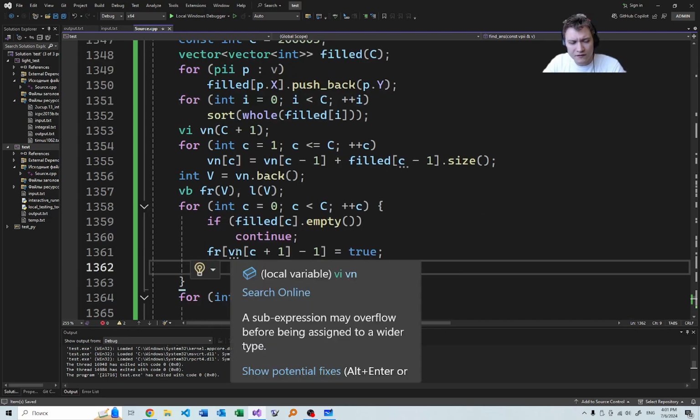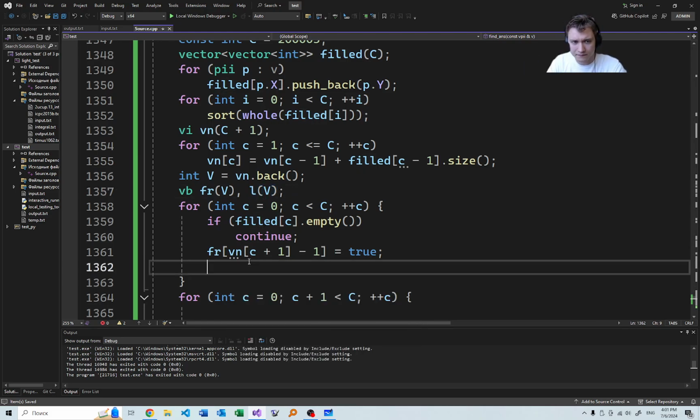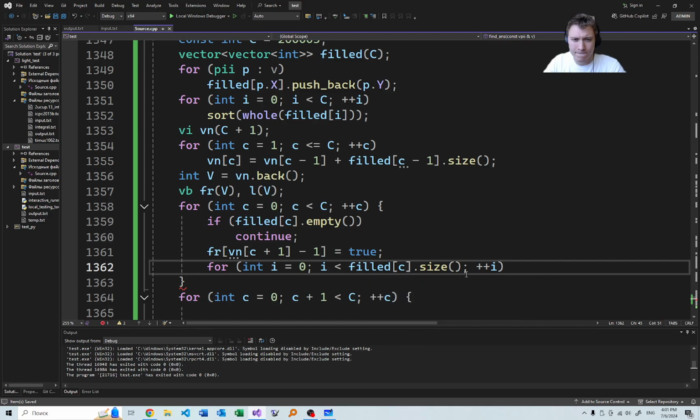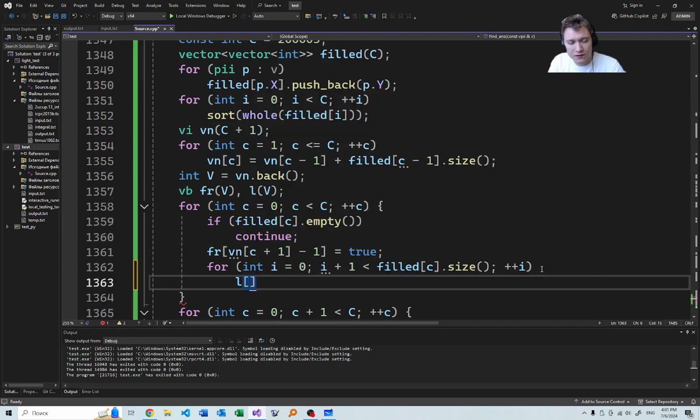For all other vertices, I need to calculate their length. So I say the length of vnc plus i is equal to field ci plus 1 minus field ci minus 1. Okay, this is their length.